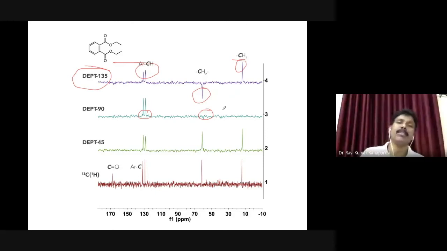So this is the difference. Therefore, you can confirm this as a secondary signal because this is negative, right? So this is how basically we try to assign the carbon signals, and therefore arrive at the appropriate molecular structure of the compound under study. Okay, so this is a good technique.